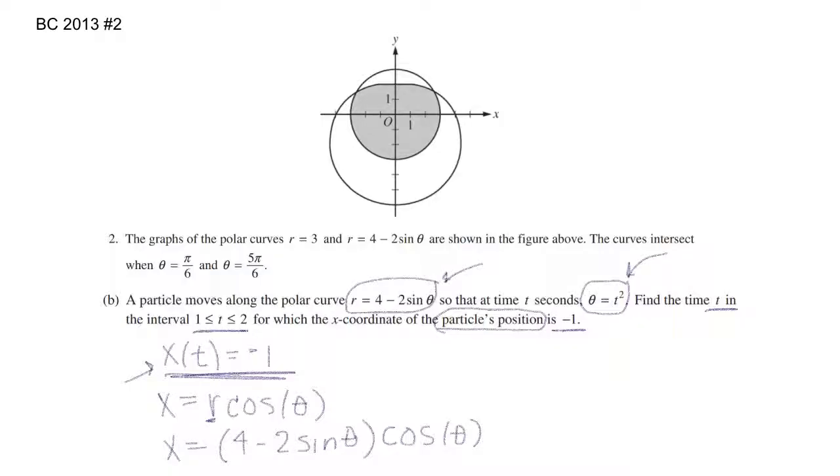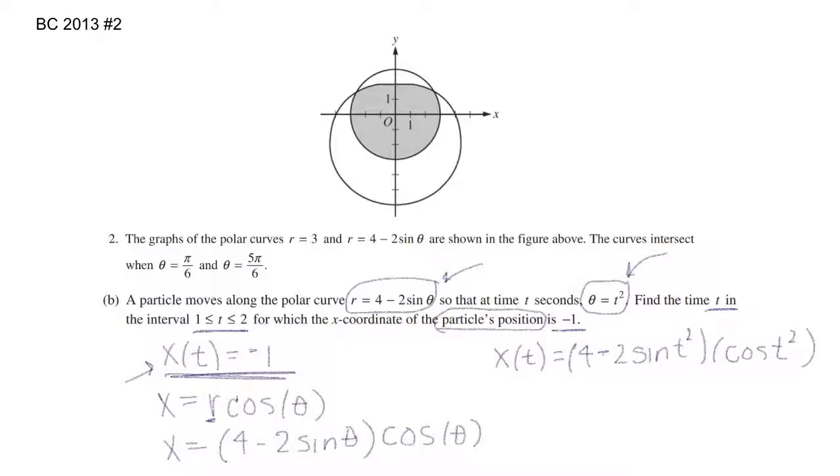So my position function, x at t, equals 4 minus 2 sine, and in place of theta, t squared, times cosine of t squared.